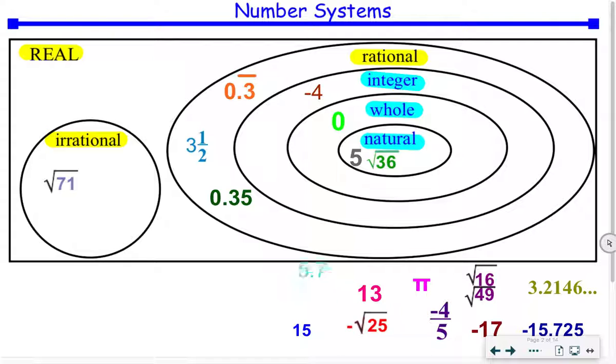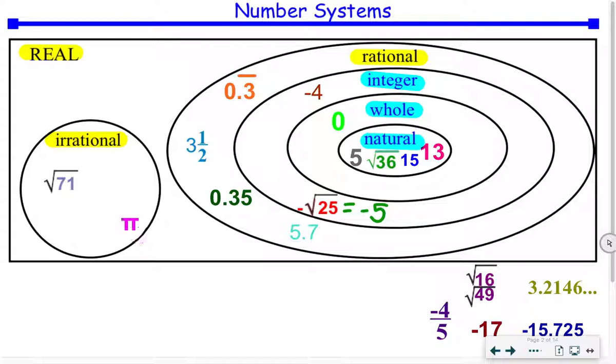5.7 is a terminating decimal, which is rational. 15 is a counting number, so natural. 13 is a counting number, so natural. The negative square root of 25, well, the negative square root of 25 is 5, so -5. So that would fall under the integer category, because the negative square root of 25 is just -5, and negatives come in the integer row.